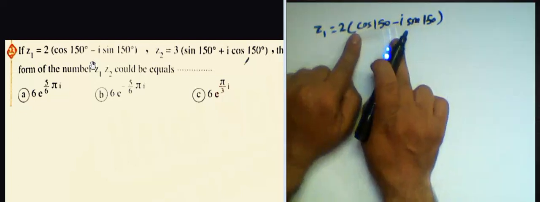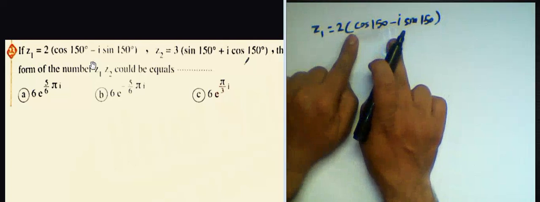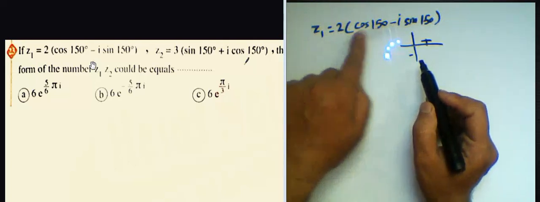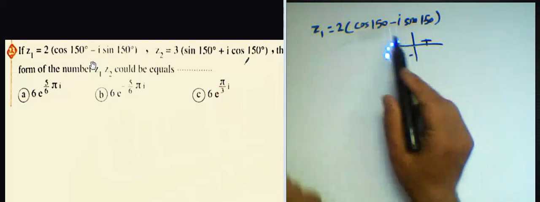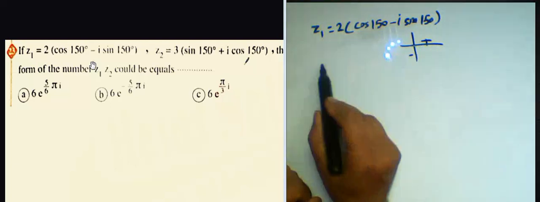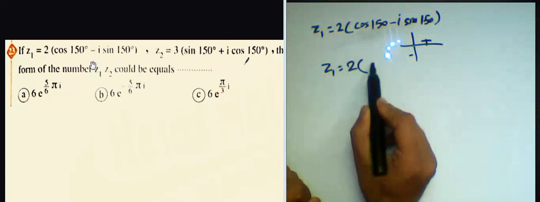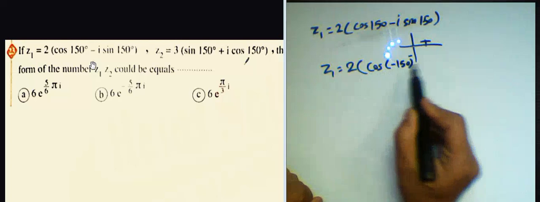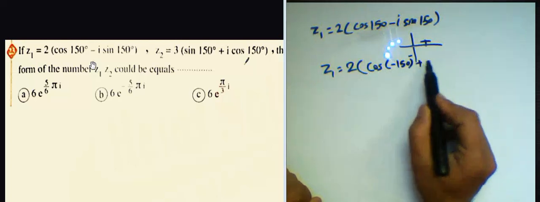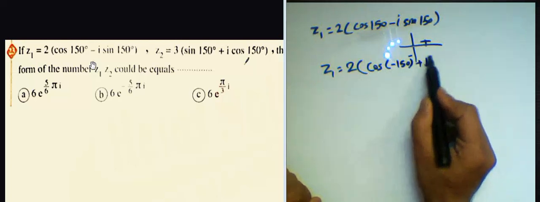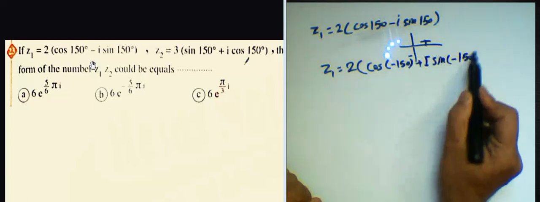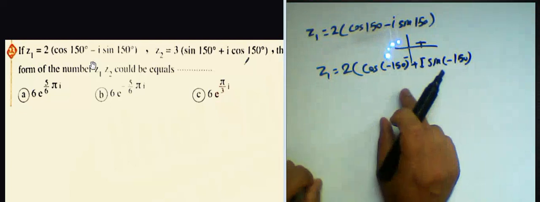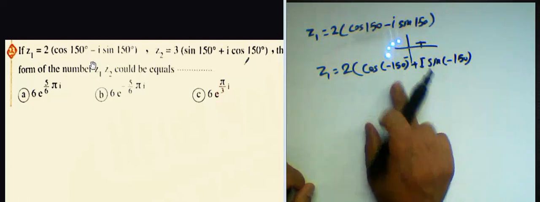Positive and negative lies where positive and negative in the fourth quadrant, and we have cosine and sine, so the result will be negative theta. Z1 will be 2 multiplication by cosine. This angle will be negative 150 plus I multiplication by sine negative 150. It's Z1. And you can simplify it, divided 360 to this angle.